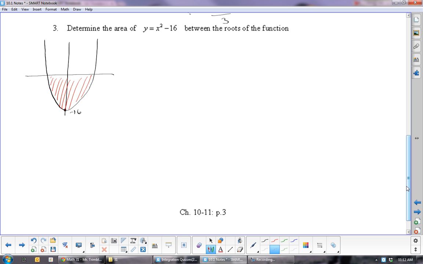Now, the roots. Okay, well, let's find the roots. 0 equals x squared minus 16. 16 equals x squared. Plus or minus 4 equals x. So this would be negative 4 here and 4.